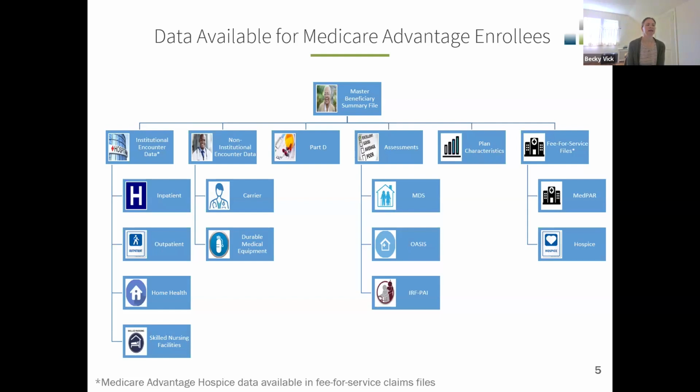Part D files contain both fee-for-service and Medicare Advantage Part D events, as do the assessment files listed on this chart. And like I talked about in the last segment, the plan characteristics file contains detail on MA plans.